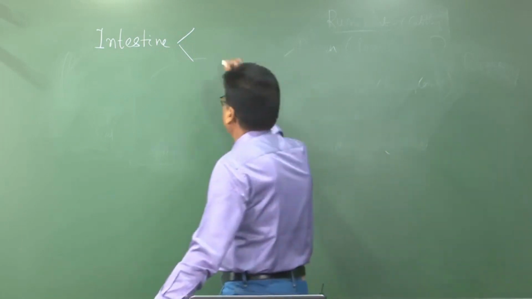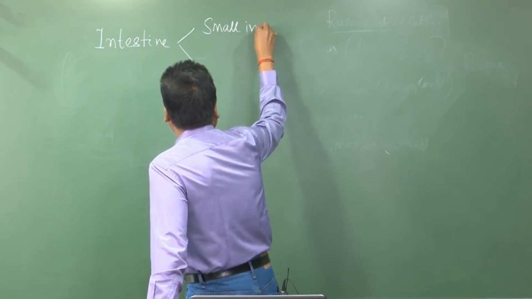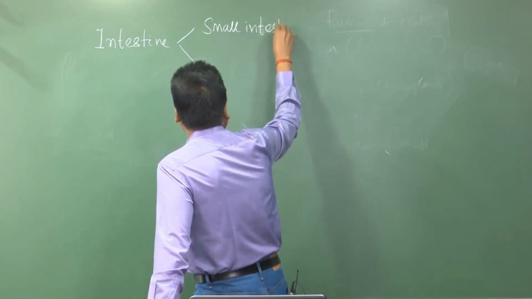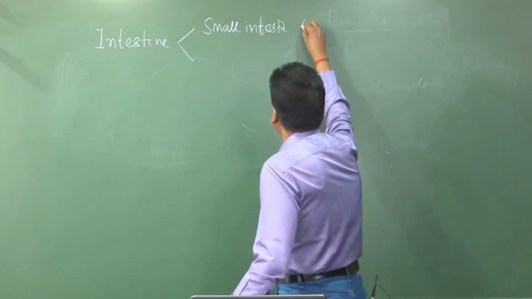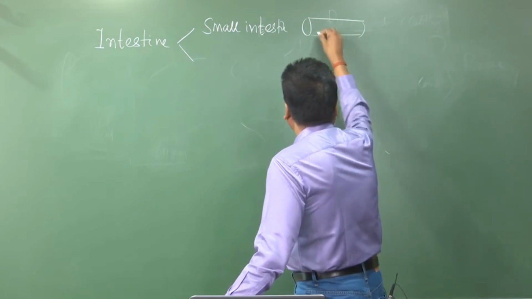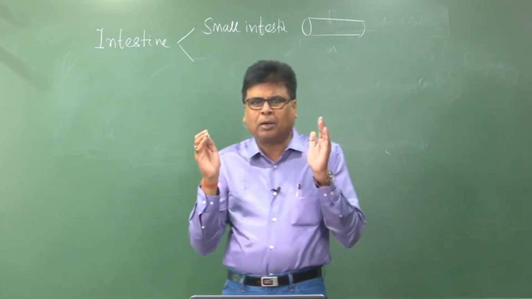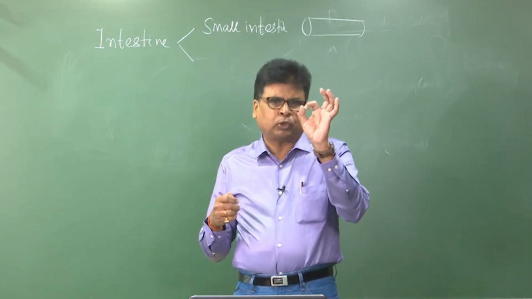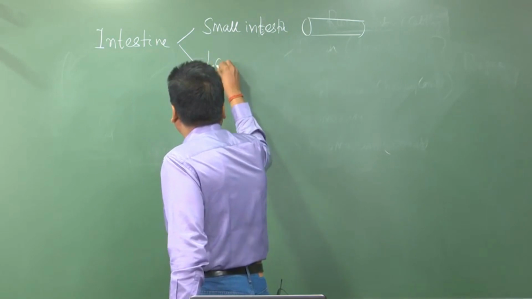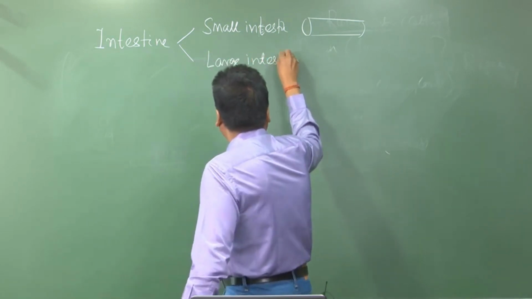The first part is known as the small intestine, because in this part the diameter of the alimentary canal is smaller. This is not small in length, but the diameter is narrower, so it is the small intestine. This is followed by the next part, known as the large intestine.